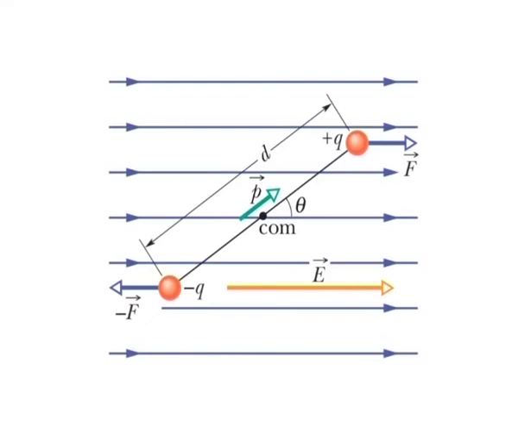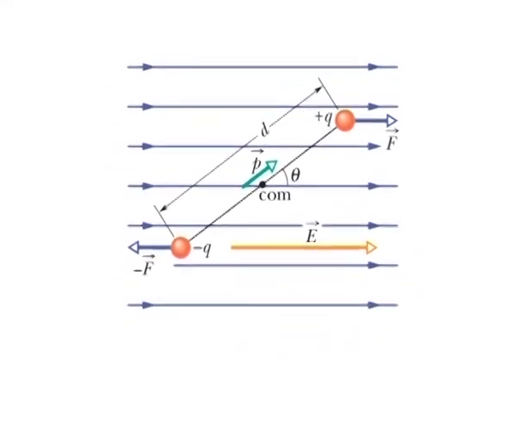However, the forces on the charged ends do produce a net torque on the dipole about its center of mass. The center of mass lies on the line connecting the charged ends at some distance x from one end and thus a distance d minus x from the other end.